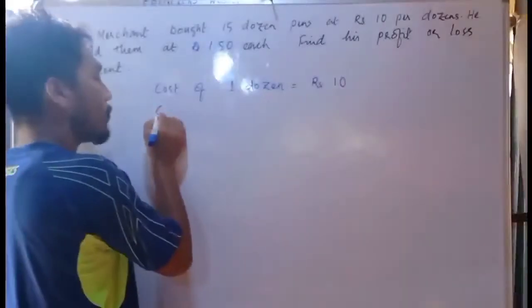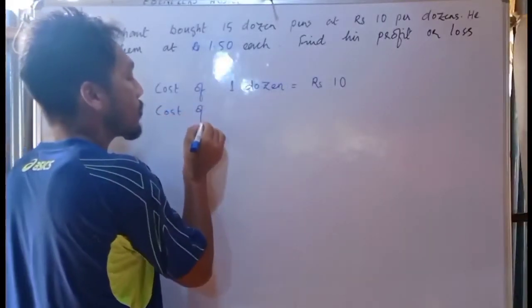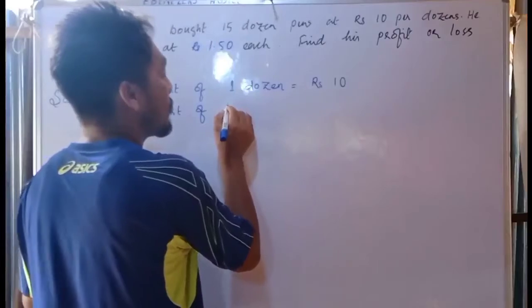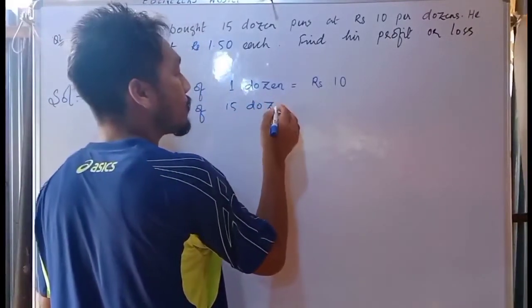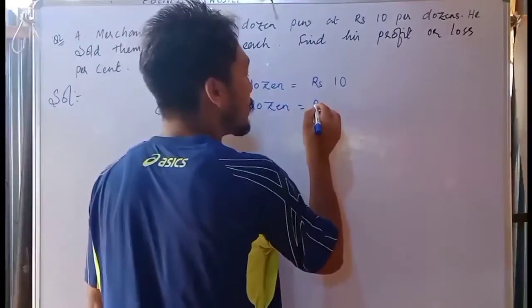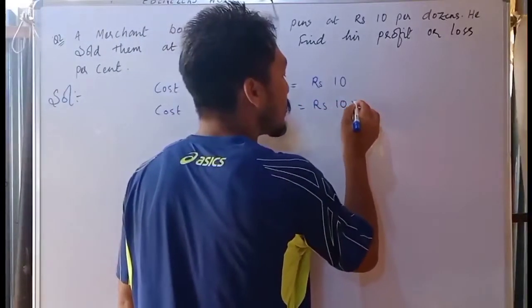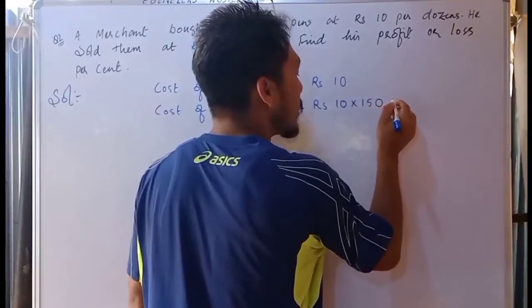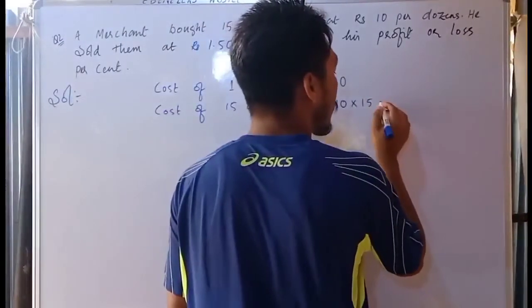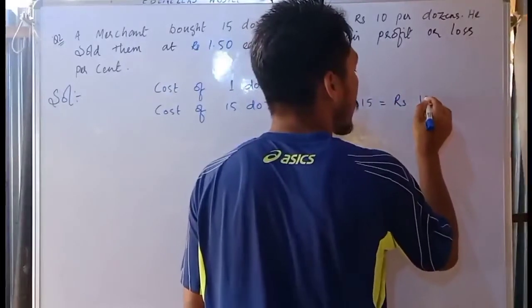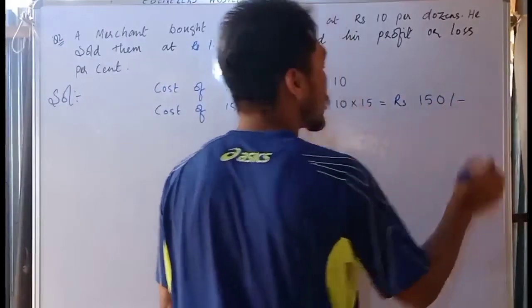Then cost of 15 dozen will be equal to 10 into 15, that is equal to 150 rupees. So 15 dozen costs 150 rupees.